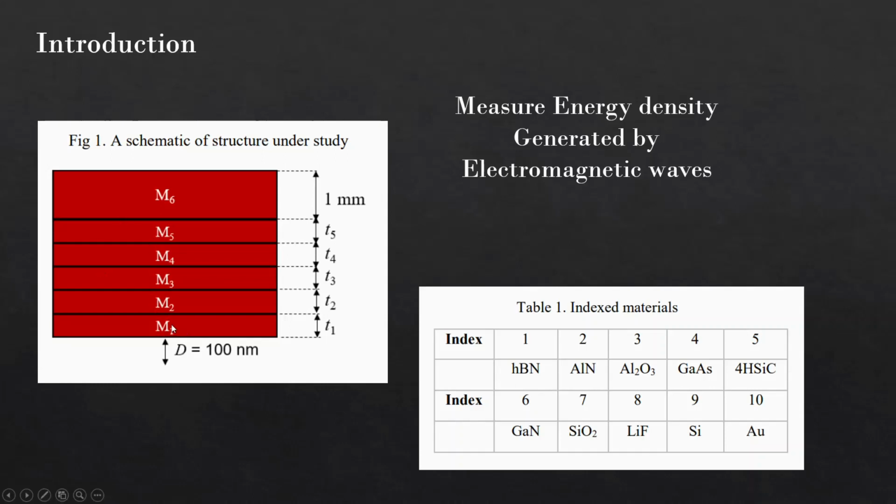And we have six categorical features here, which are the types of the materials that are picked from these 10 available materials.